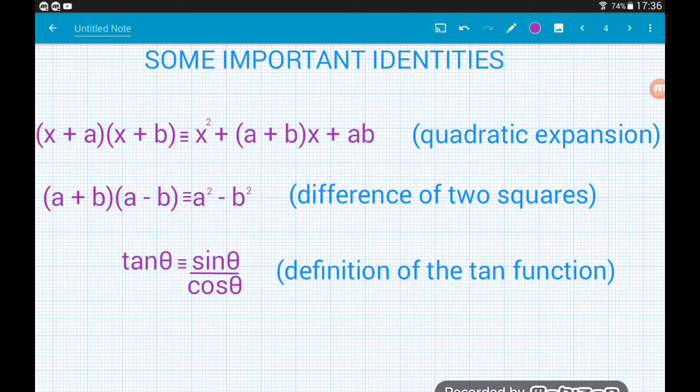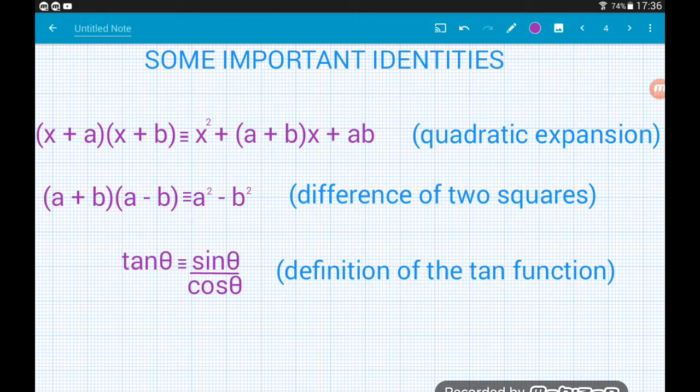The second one, another quadratic expansion, and quite an important one to be aware of, the difference of two squares. So if you multiply a plus b by a minus b, you always get a squared minus b squared. Again, for any value that you substitute in, that will always be true.